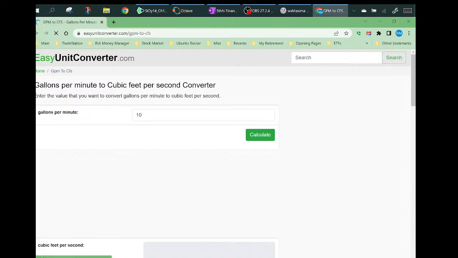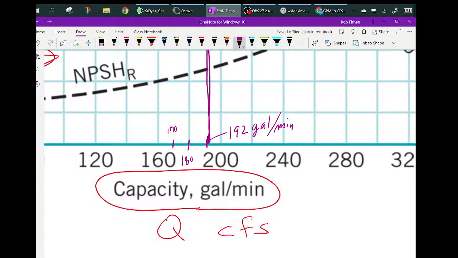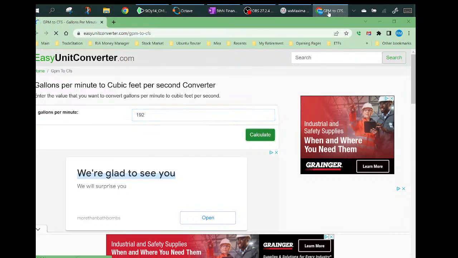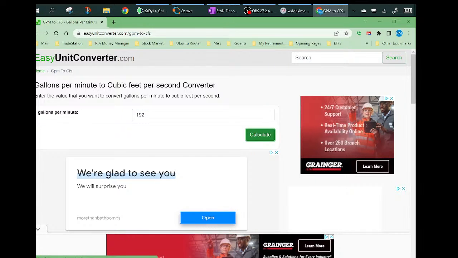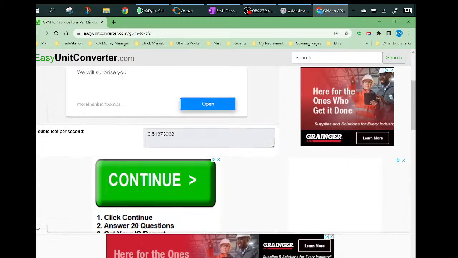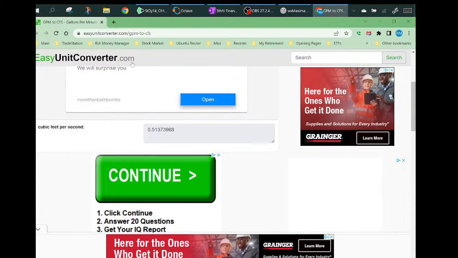Okay, I forgot, 192. So 192 gives me nothing. Oh, cubic feet per second: 0.514.